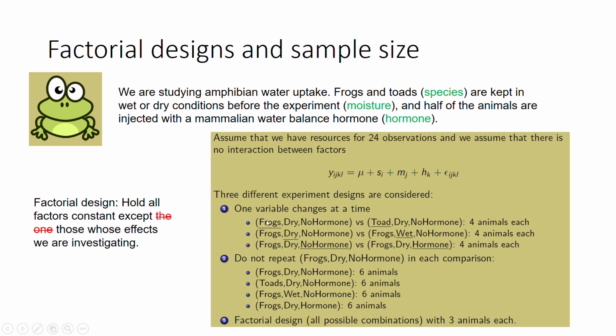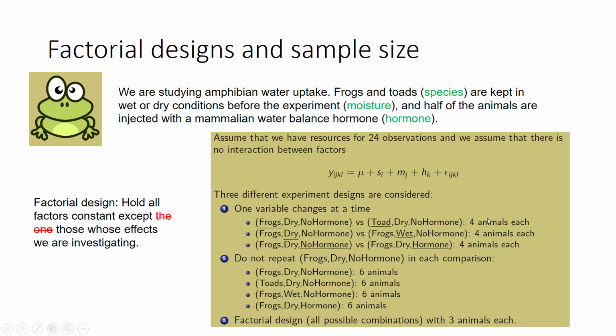So we have to define a kind of base condition. The base condition for us will be frogs, dry, with no hormone, and then we want to study the effect of the species. So we will have toads, dry, with no hormone, and we have 4 animals in each one of the groups. With this comparison we can see the effect of the species, and then we change the condition, and then we change the hormone.